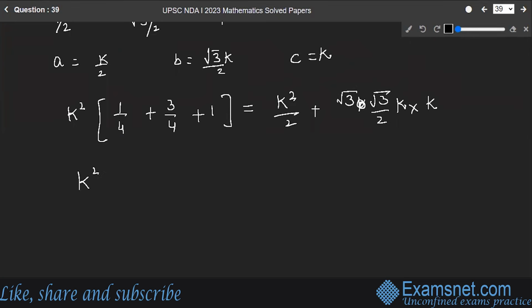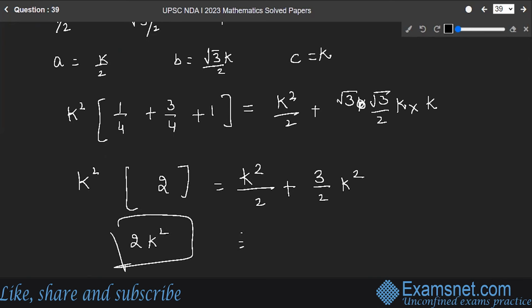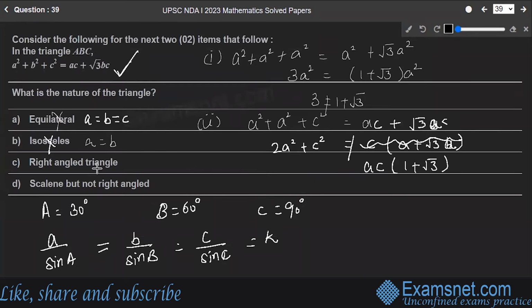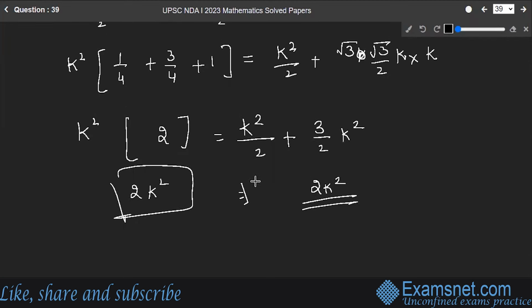So this is K square by 2 plus 3 by 2 K square. Here, LHS I got 2K square, and on the right hand side also I will get 2K square, which makes option C the valid one. That means this is the correct answer because the LHS and the RHS both matched. Both came out to be 2K square. That means we have option C as the correct answer.